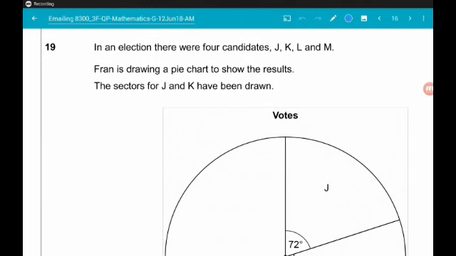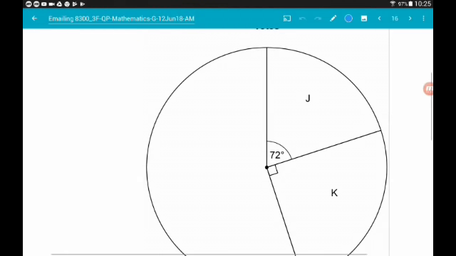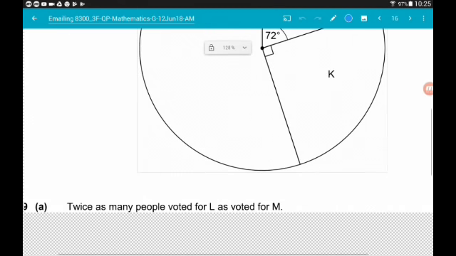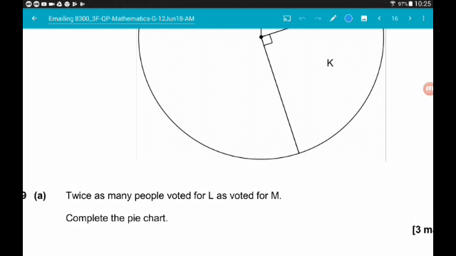Cool. 19. In an election, there were 4 candidates, J, K, L and M. Fran drew a pie chart to show the results. The sections for J and K have been done for us. So, the J section has an angle of 72 degrees and the K section has an angle of 90 degrees. We're told twice as many people voted for L as voted for M, and we want to complete the pie chart.